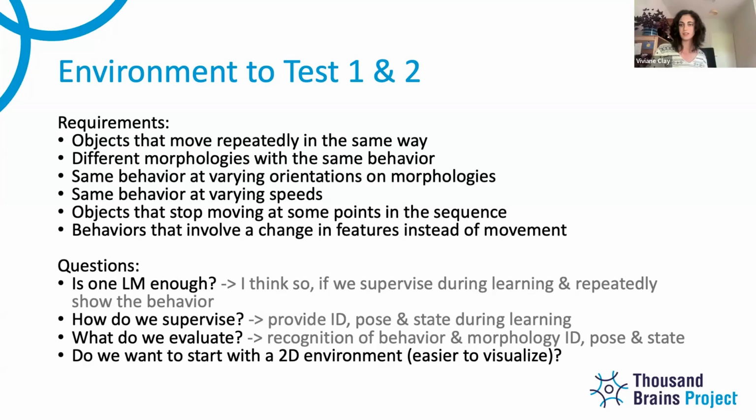That's similar to the issues we have with the morphology models in unsupervised learning. But the one that caught me here is that you're providing state during learning. The main thing I would want to provide is telling it when the sequence starts and when it starts repeating again, because I think that would be very difficult for the learning module to figure out if it does not have a model of the sequence at all yet.